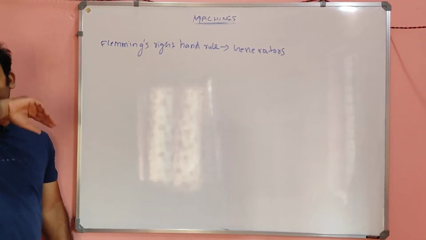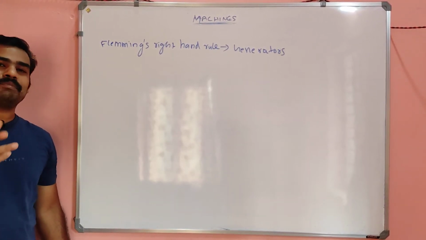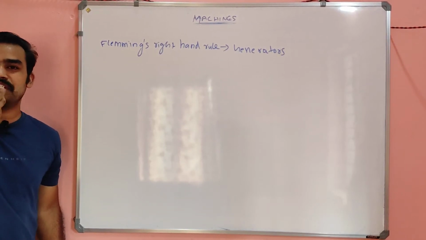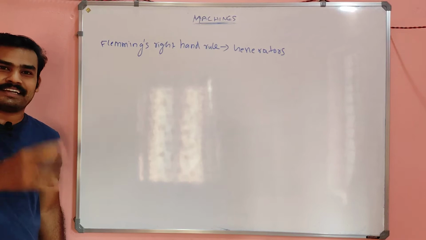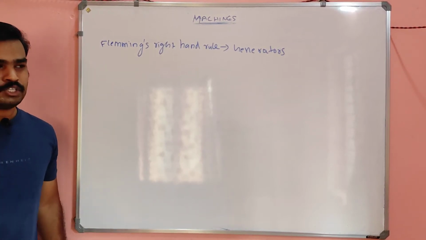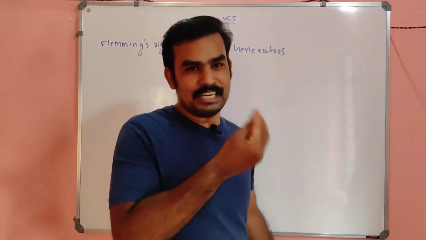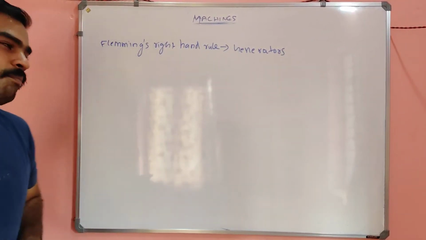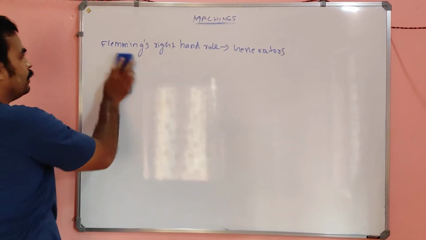So generator means something we eat to generate energy, using the right hand. So Fleming's right hand rule is for generator action and Fleming's left hand rule is for motor action. That's all. Okay.